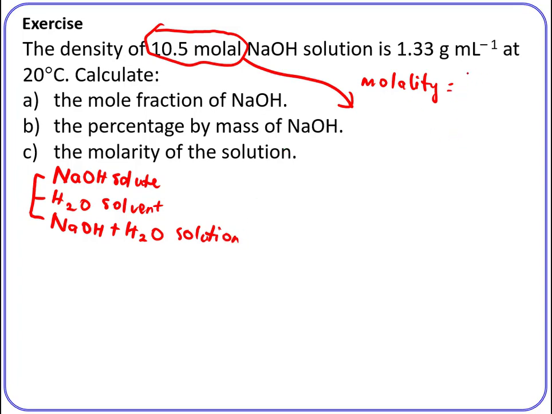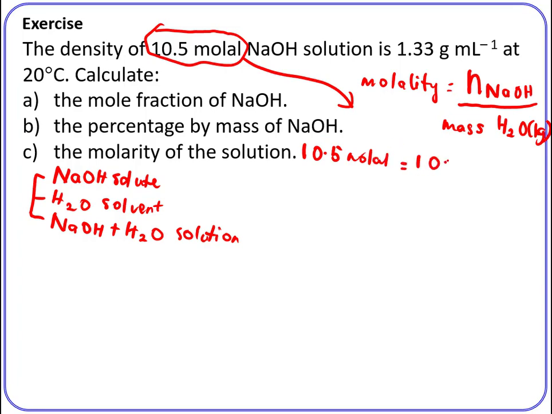Okay, molality means you have to consider the mole of solute divided by the mass of solvent in kg. Right. So when you are given that 10.5 molal means it is 10.5 mole of solute in 1 kg solvent.